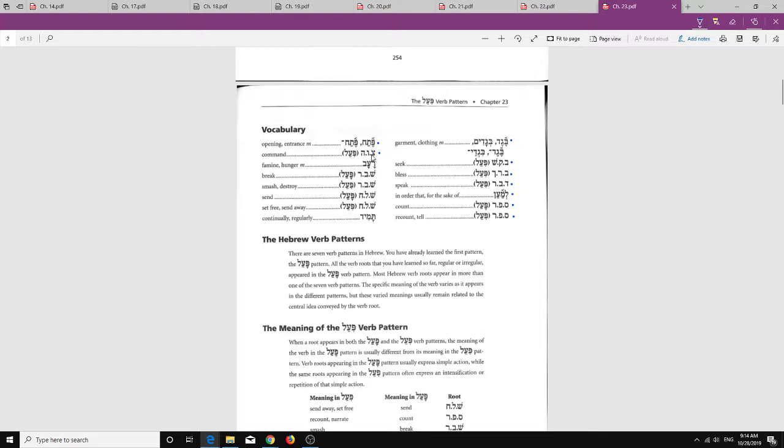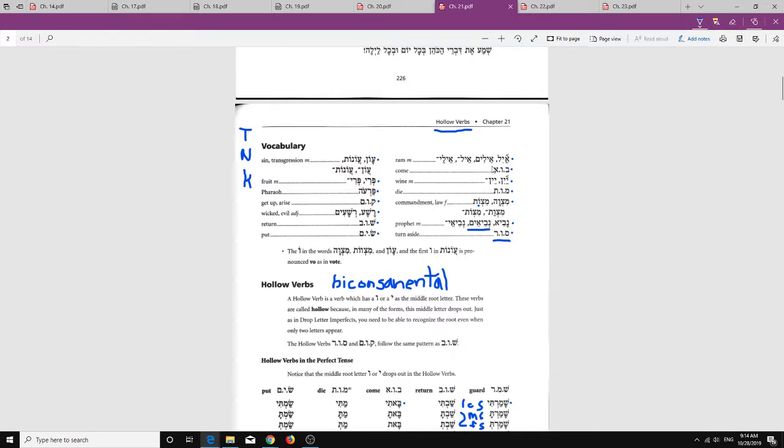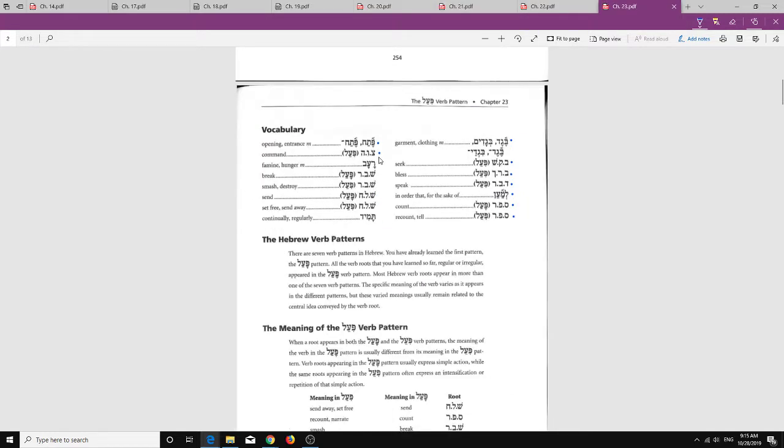This comes from a word that we learned a couple of chapters ago, mitzvah, as in bar mitzvah or bat mitzvah, which is commandment or law. So here we have tzava, a command.